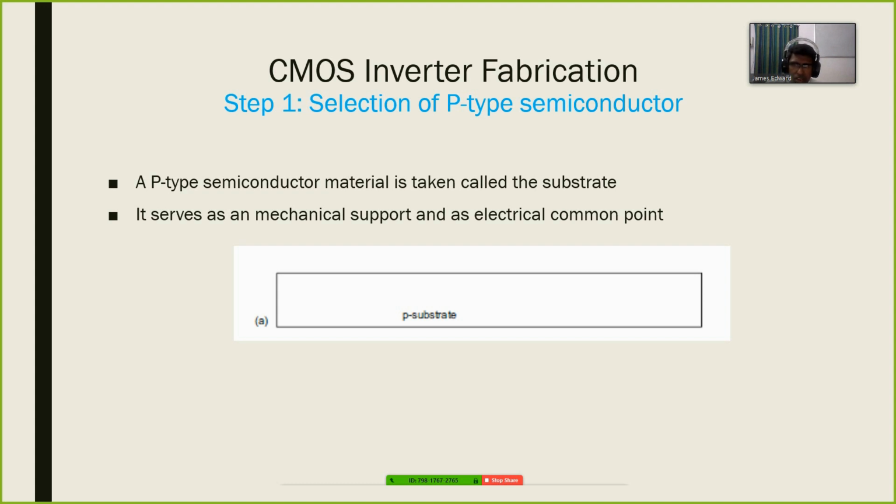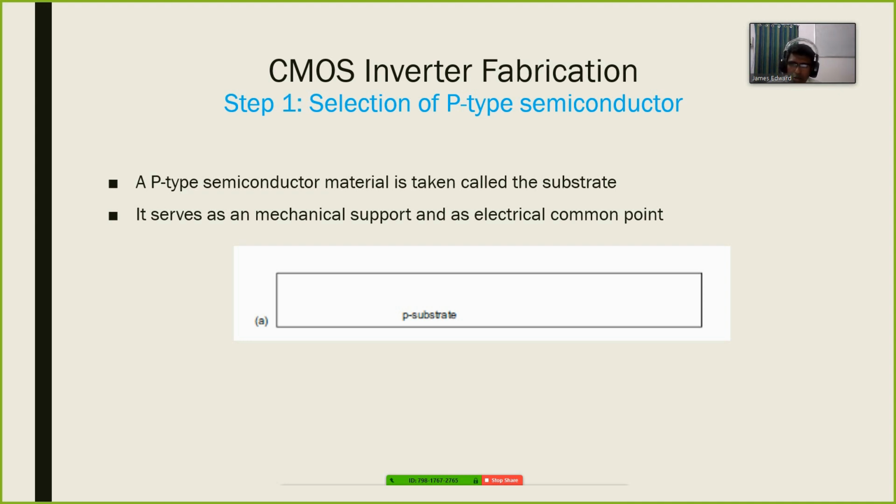This substrate serves two purposes. It acts as a mechanical support where different layers can be added, and also it acts as an electrical common point which can be grounded and act as a common potential. So the first stage is the selection of a p-type semiconductor.